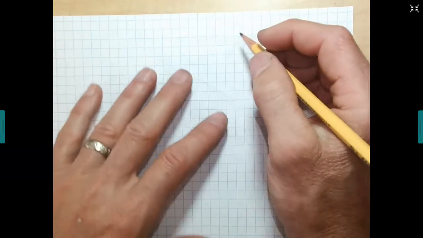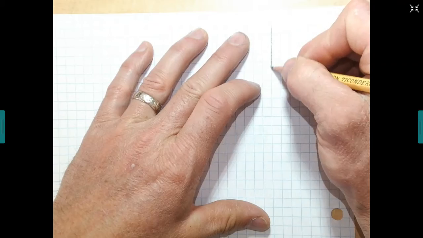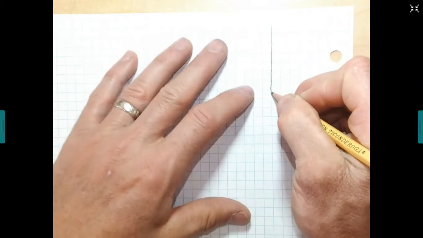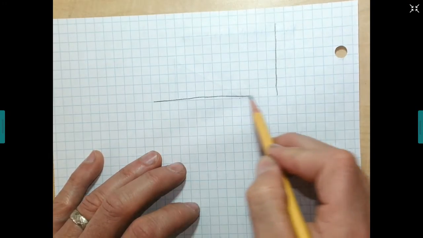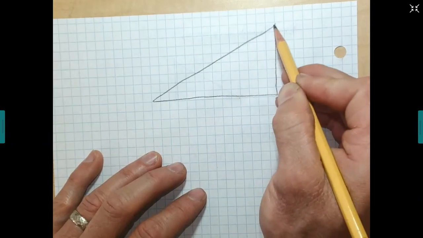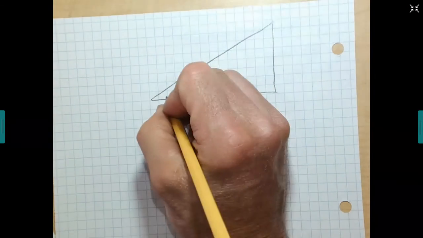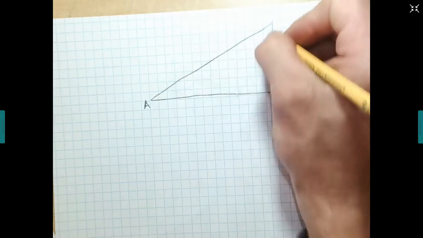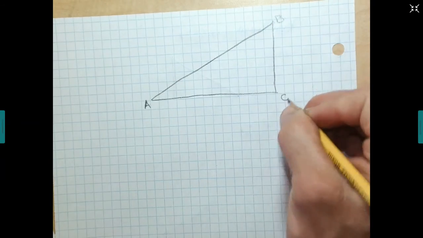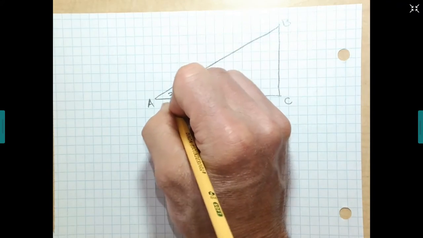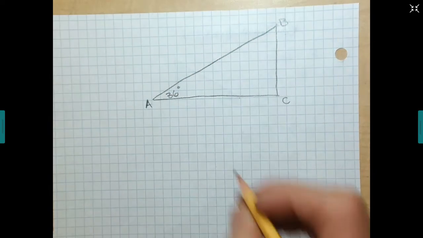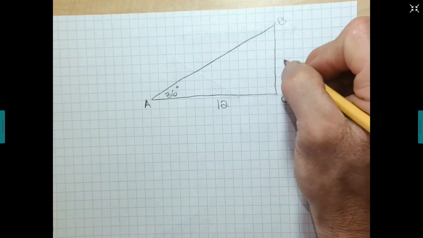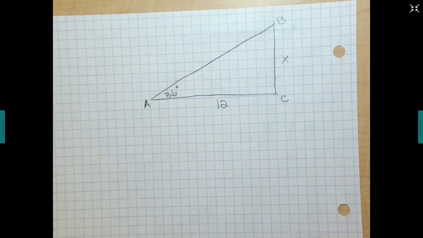Let's say, and this you definitely need to pay attention to, because if you don't, this lesson will be super hard. So we have A, B, C, and you have angle 36 degrees, you have 12, and you have an unknown.